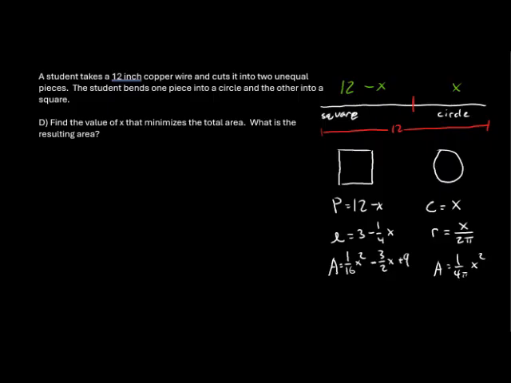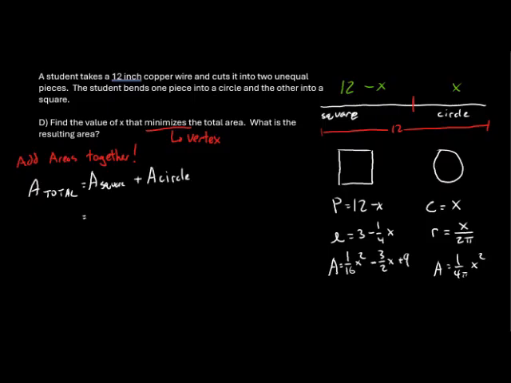Now we can find the value of x that minimizes the total area. In order to minimize an area, we must find the vertex. But before we can find a vertex, we must add the areas together. Therefore, we'll say our area total will be the square plus the circle.